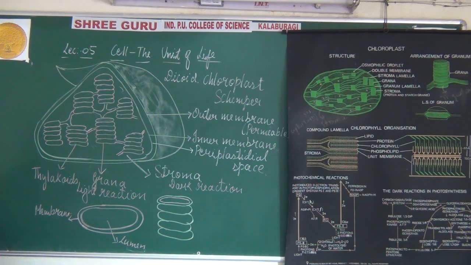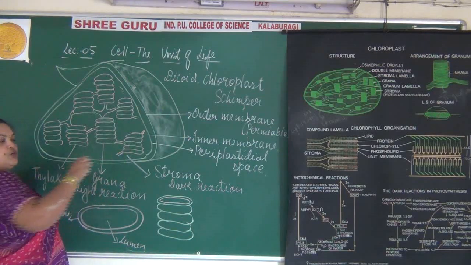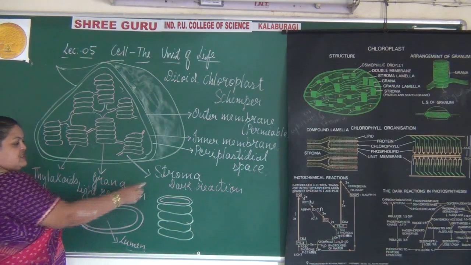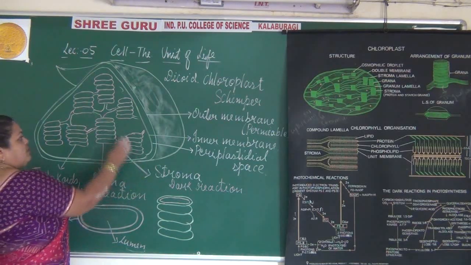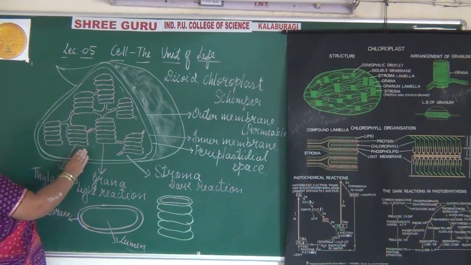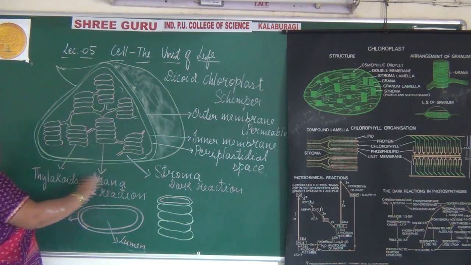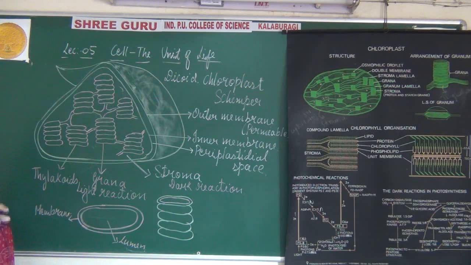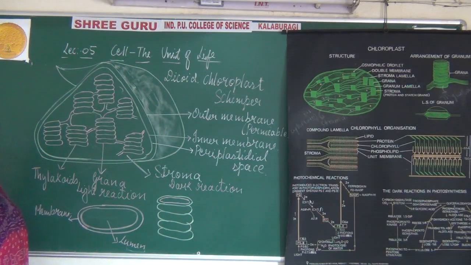So here I will explain once again what the stroma and the grana are. The chloroplast shows two components, that is the stroma and the grana. The stroma is the fluid material that is present surrounding the grana inside the chloroplast, where it is a site of dark reaction, the reaction which occurs in the absence of light.